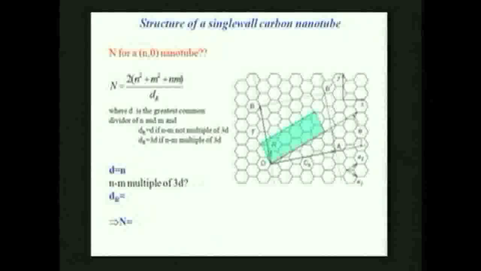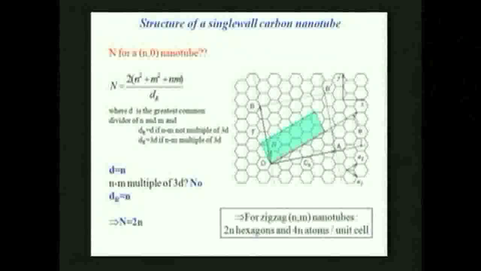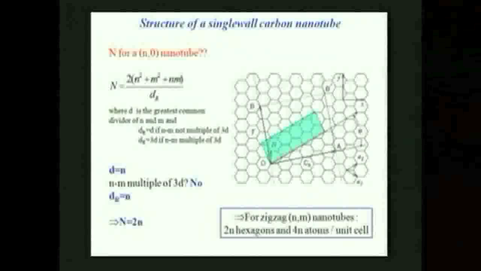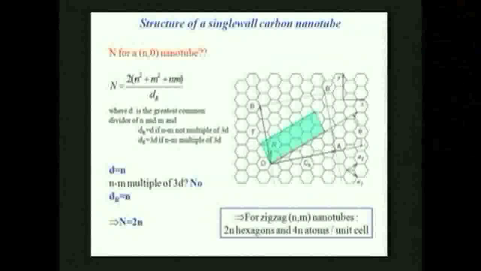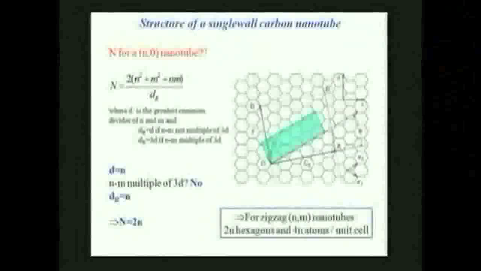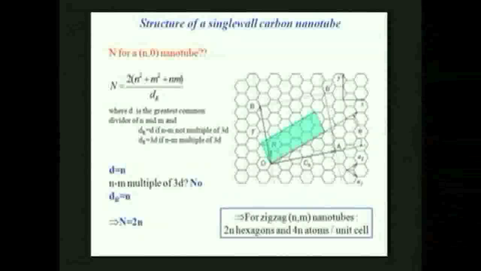When you multiply 3n by an integer, can you find n? No, you can't. The answer is no. So dr for all zigzag nanotubes is equal to d, that is n, and therefore the number of hexagons is equal to 2n. So for zigzag nanotubes, it's actually the same result as for armchair nanotubes. The number of hexagons that we call here big N is equal to 2 small n, and the number of atoms per unit cell is equal to 4n.